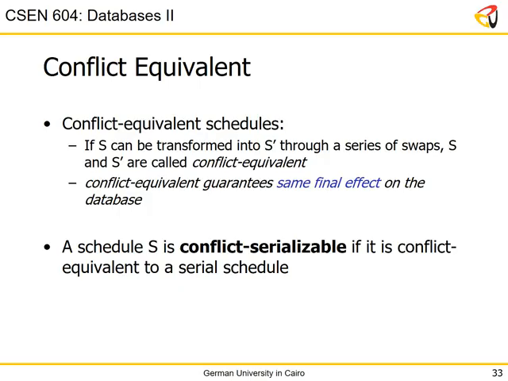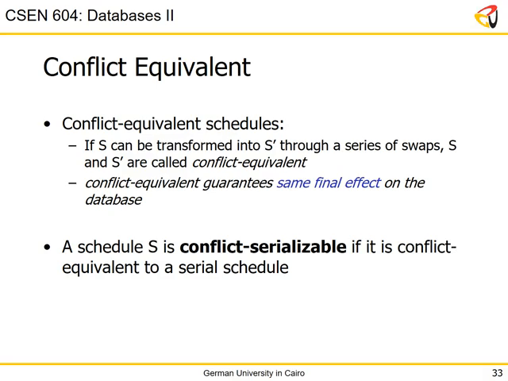Now, a schedule S is conflict serializable if it is conflict equivalent to a serial schedule. Okay, so let's try to explain this. What this means is that any serial schedule has some conflicts in it. If you run T1 followed by T2, this goes back to the theoretical definition, then I'm going to run all of T1 followed by all of T2.